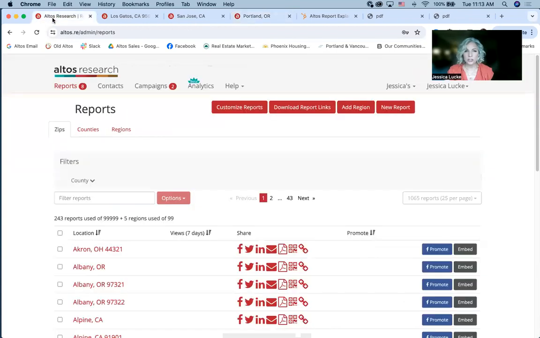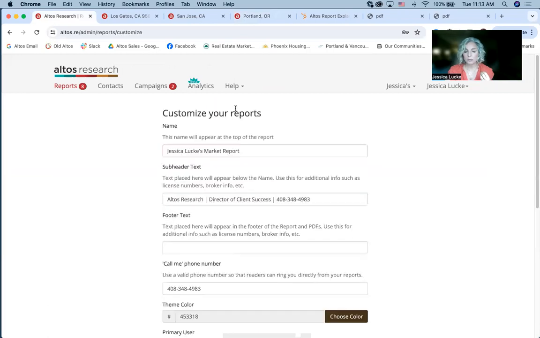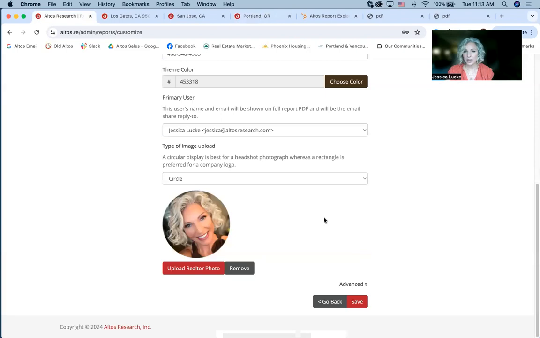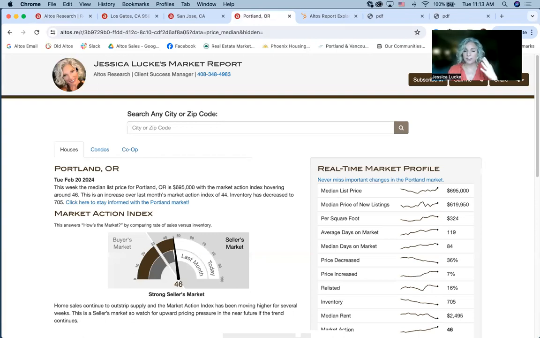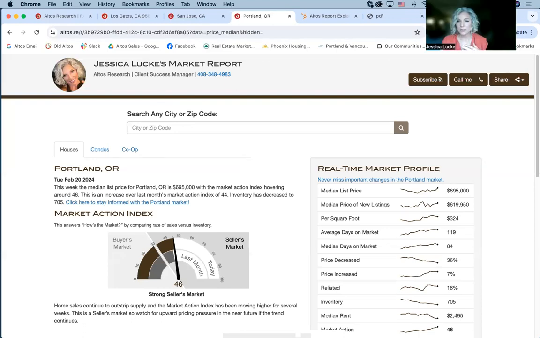So when you go into your Altos account on your reports page, click on customize reports. This is where you can set up that branding. Okay. Don't forget to click save. All right, so going back to the report here, you can see I've got my image, I've got my title, I've got who I work for, my contact information, all very important aspects of it, okay?